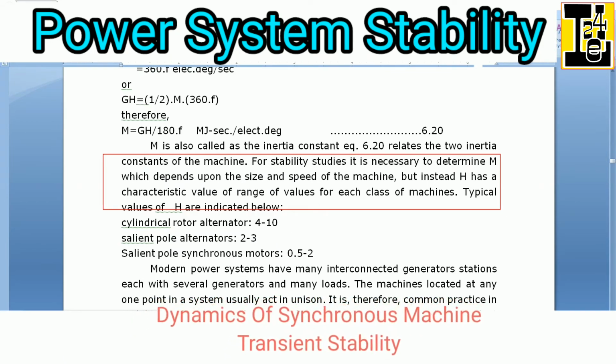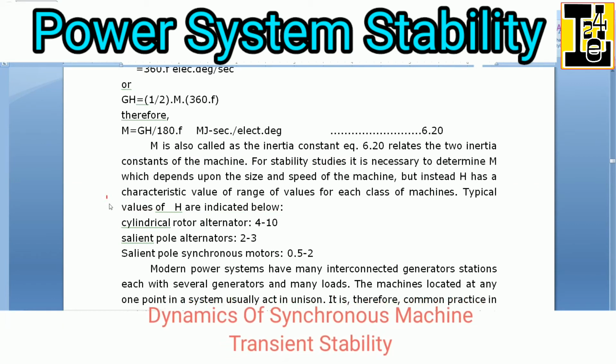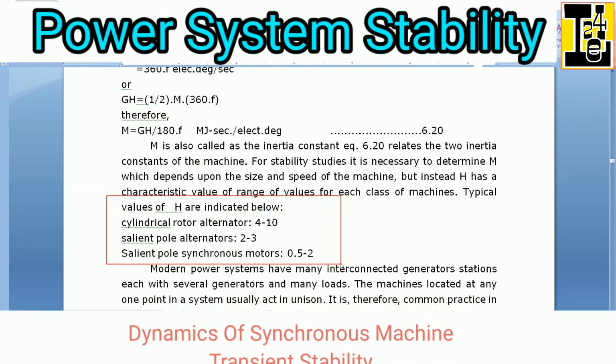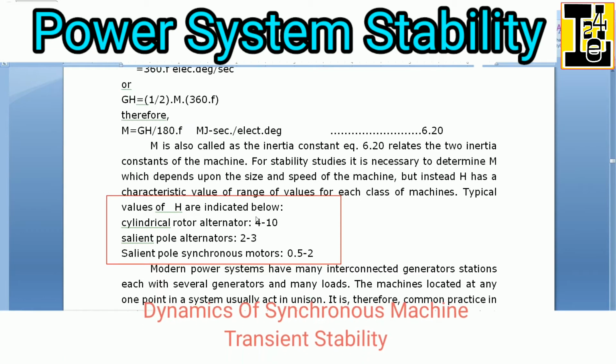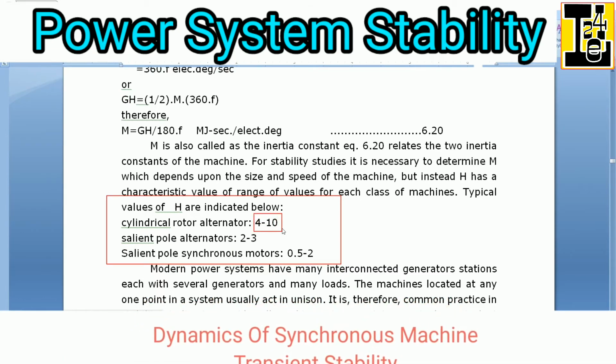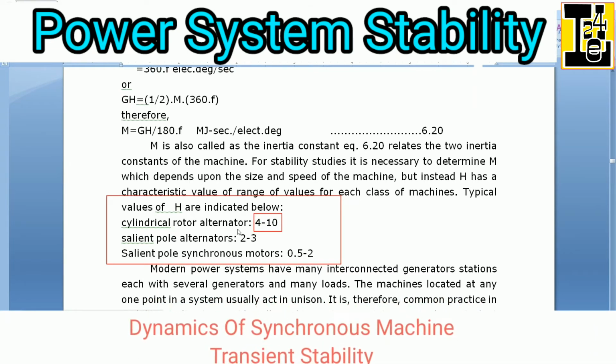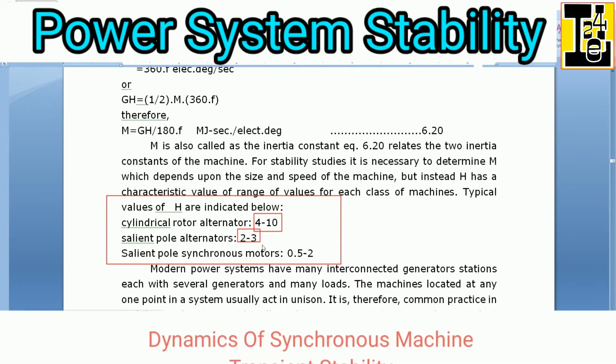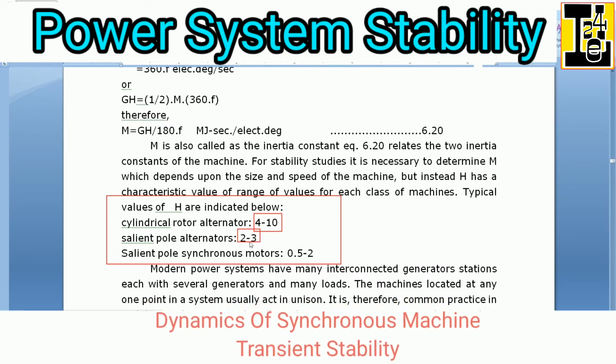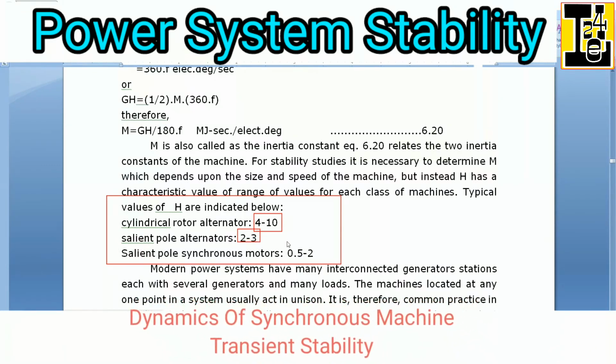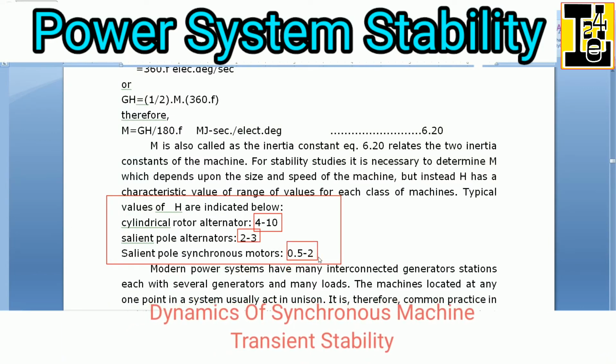Typical values of H are mentioned here. For cylindrical rotor alternator, its value is 4 to 10. For salient pole alternator, its value is 2 to 3. For salient pole synchronous motors, its value is 0.5 to 2.